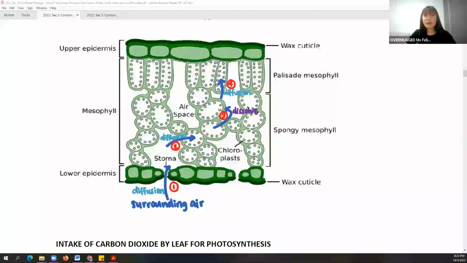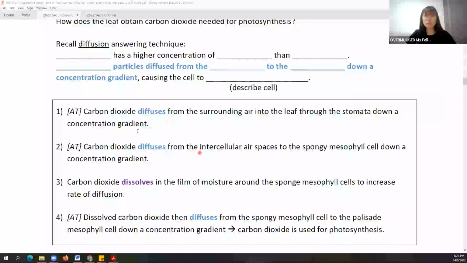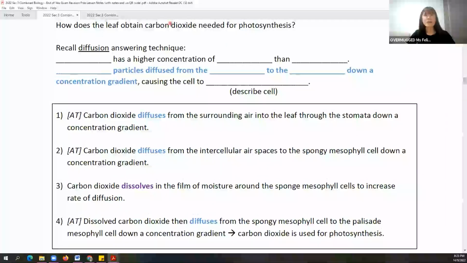So how do you write out the proper, complete answer? I've written out the answer nicely for you over here. Just to let you know, I abbreviate AT as answering technique, which means I'm just copying this answering technique. Since this question is about carbon dioxide, the blank I fill in will be carbon dioxide particles.